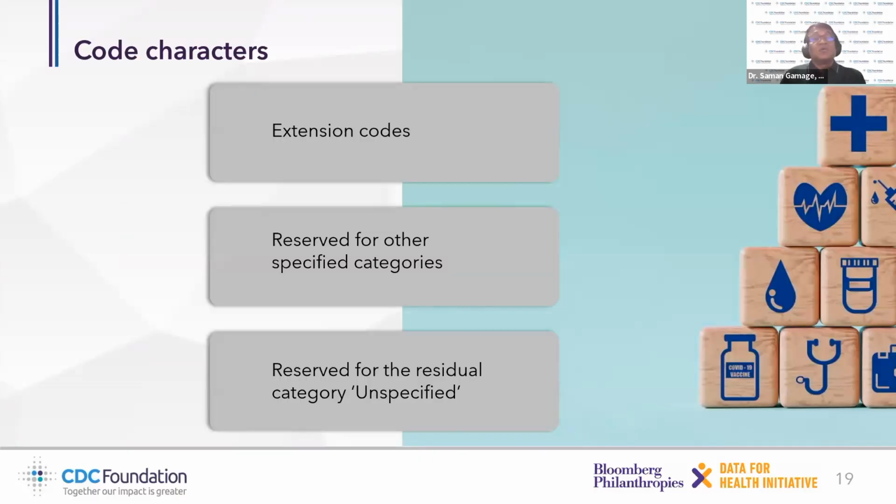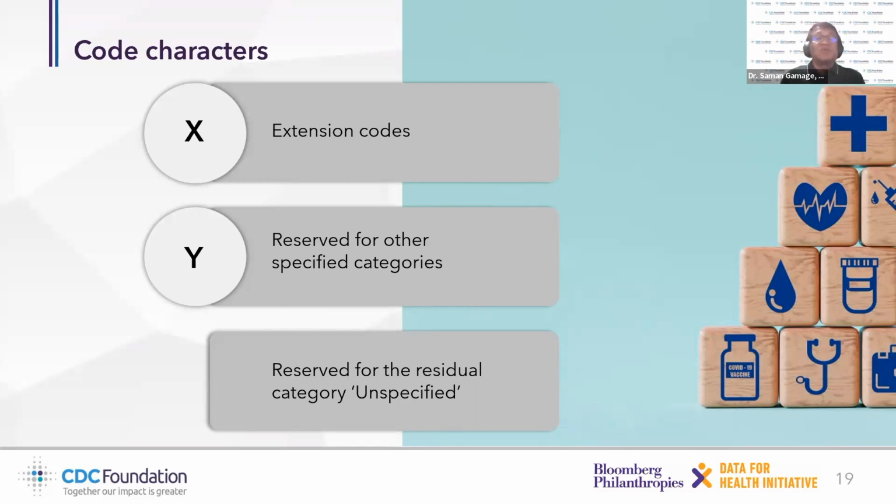Talking more about code characters, extension codes start with letter X. The first character in extension codes is X. Then Y is reserved for other specified categories. We will come to that later.